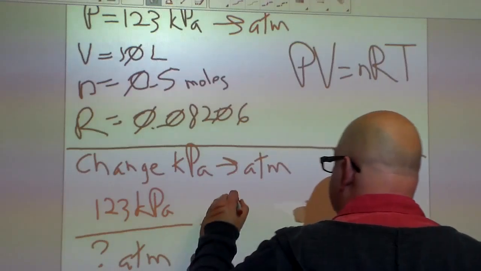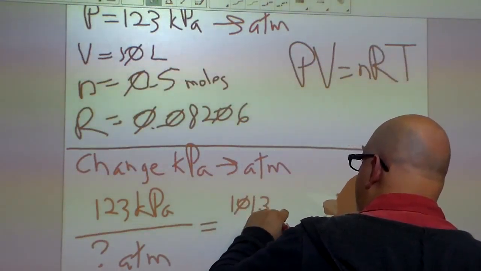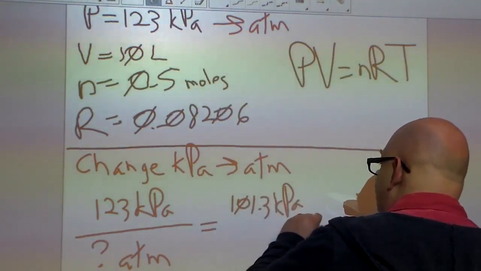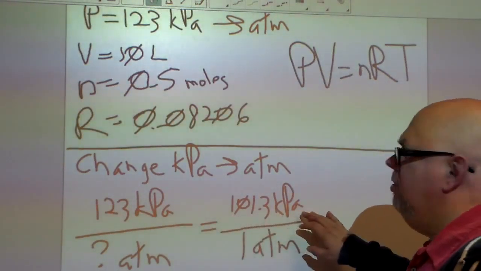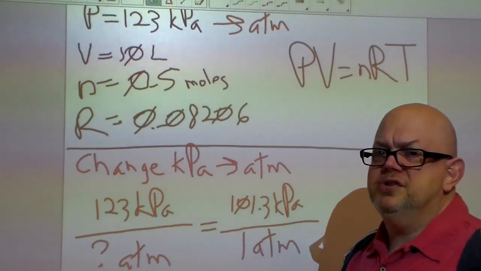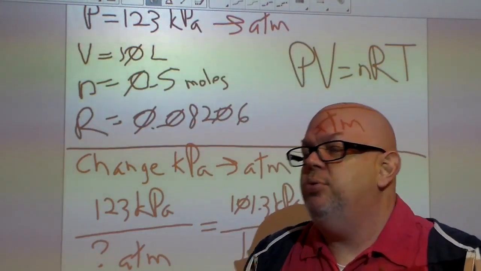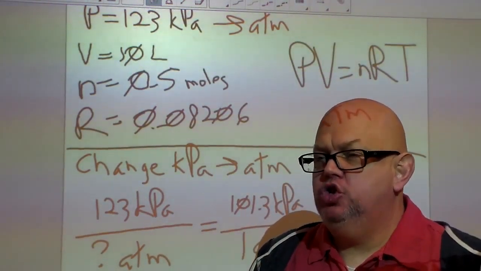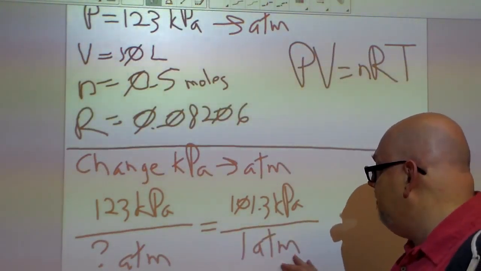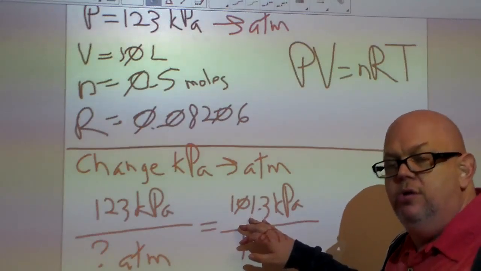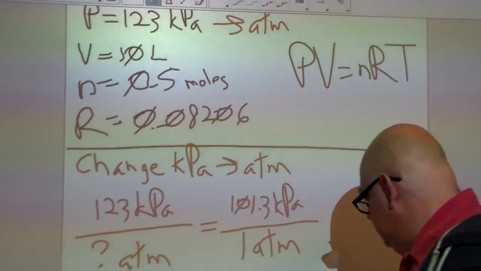So in this case here, it's 101.3 kilopascals to 1 atmosphere. Where did that 101.3 kilopascals come from? That is the air pressure at the beach, where the air pressure is the same, but we know that 1 atmosphere will equal 101.3 kilopascals.